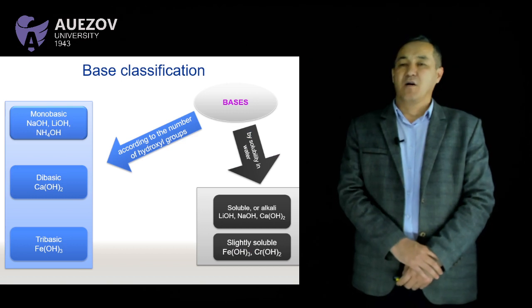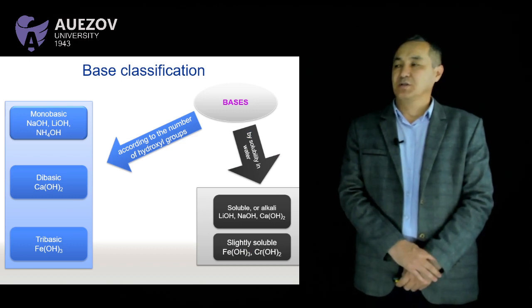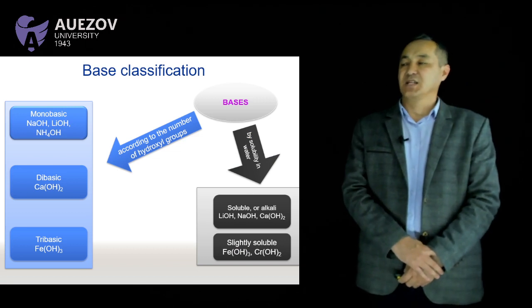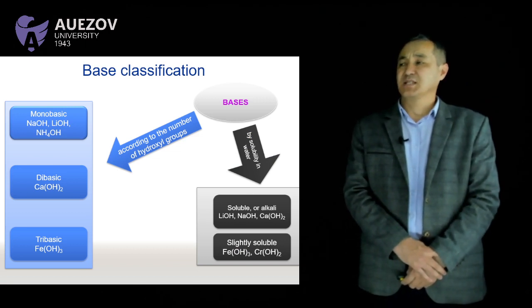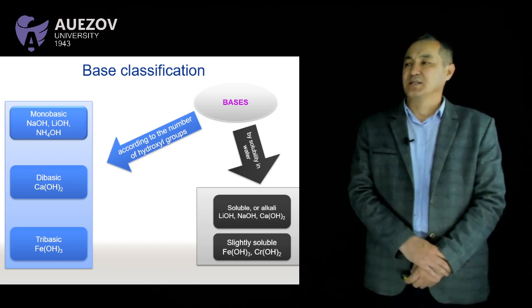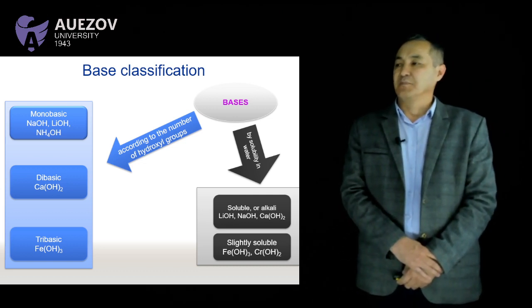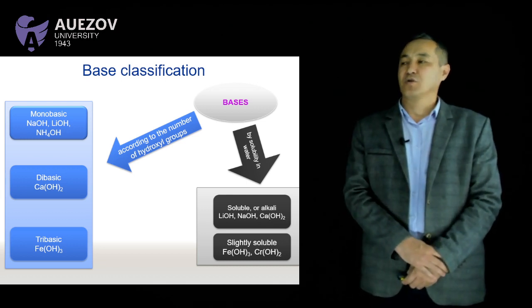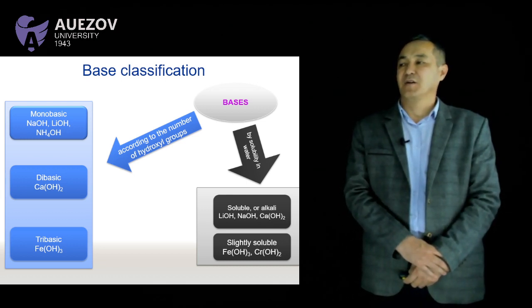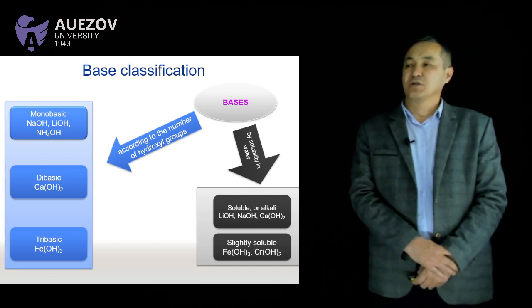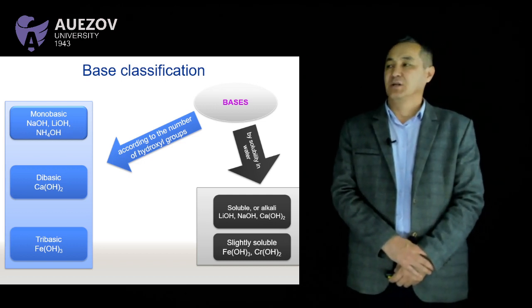The second type of chemical compounds are bases. Base classification we can see on the next slide. Bases can be classified according to the number of hydroxyl groups and by solubility in water.